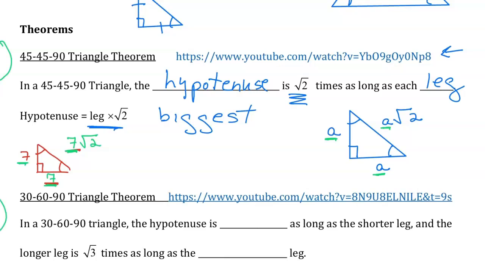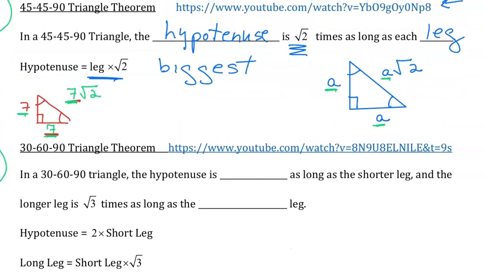Here comes the second special triangle. And again, there's another video here that you can listen to if you wanted to. But for right now, I'm going to continue with the lesson. So in a 30-60-90 triangle, and I'll draw that for you in a second, the hypotenuse is 2 times as long as the shorter leg. So let me write out that word times so you don't think that I'm putting a variable in here. Oops, sorry.